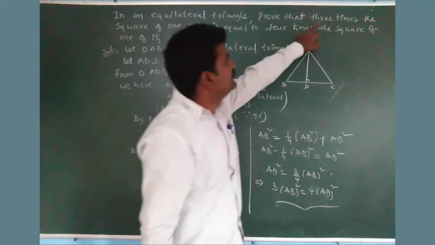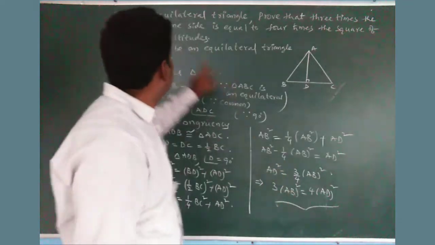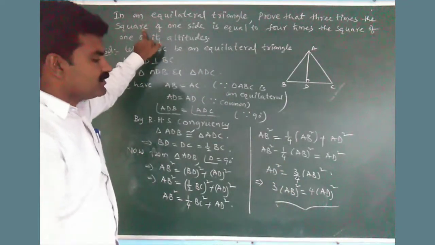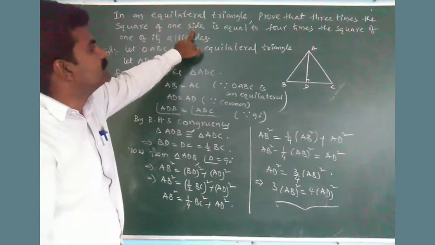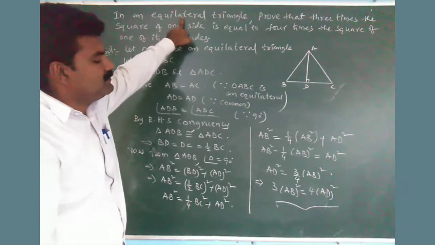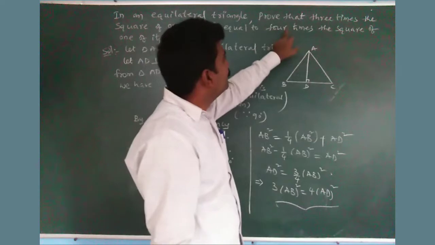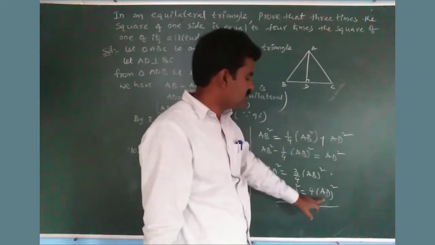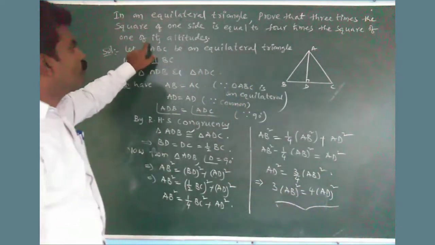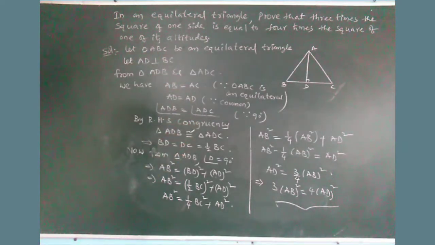I mean 3 times the square of one side of an equilateral triangle is equal to 4 times the square of one of its altitudes. 3AB square is equal to 4 AD square. Hence proved. Very important theorem.